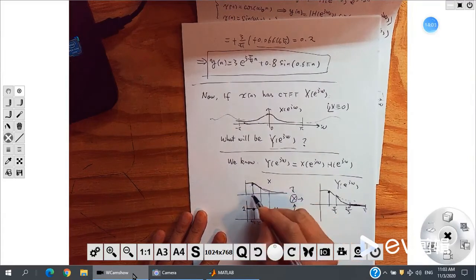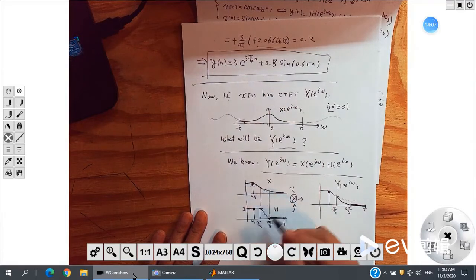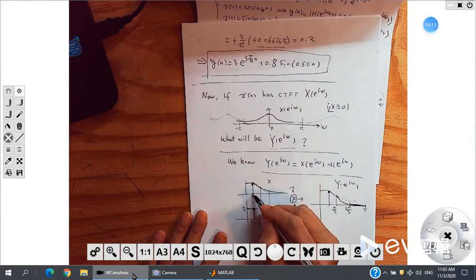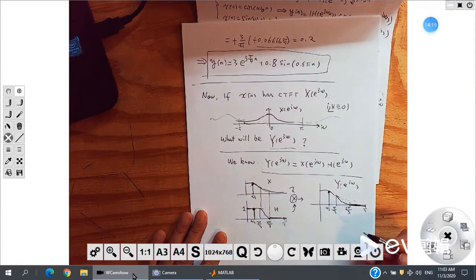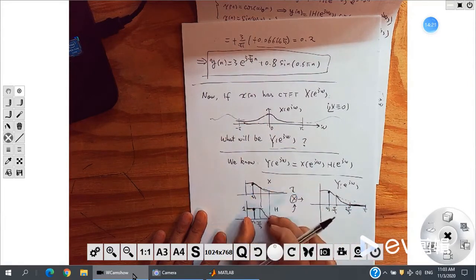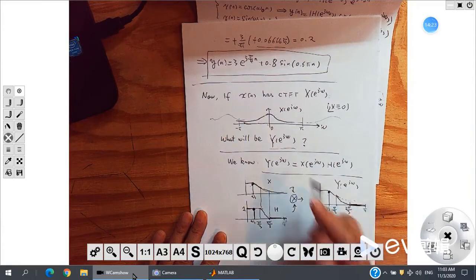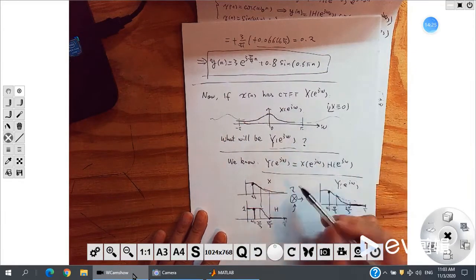X contains a component with frequency omega 1 with magnitude here, and you multiply by H. When going through H, you multiply this value on the magnitude, and you get the magnitude of the output at the same frequency. So this one times this one gives this one. That is what happens when you look at it in the frequency domain.